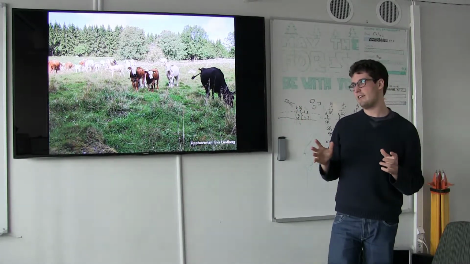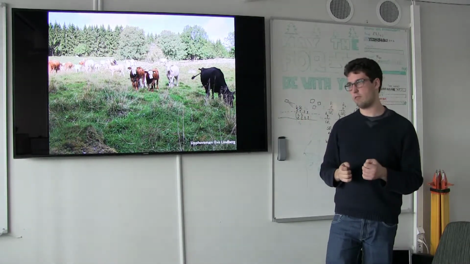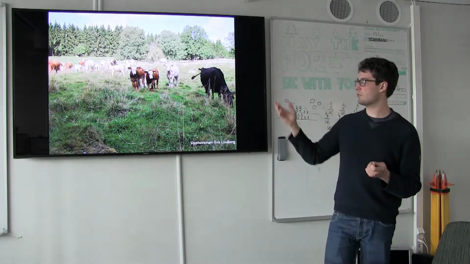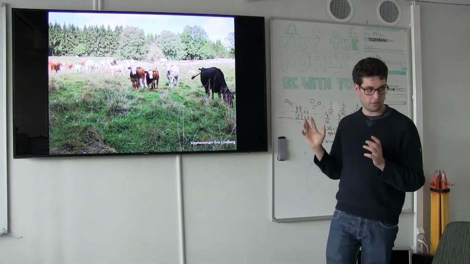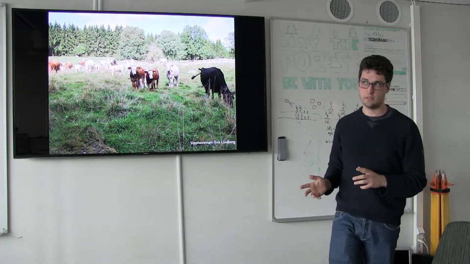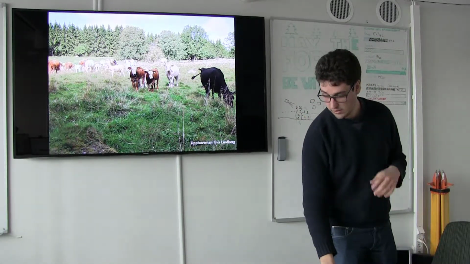It's not really representative of trees from the forest because they don't grow like this, but it's just a pilot study to look at if we can see differences in tree species with this kind of data.